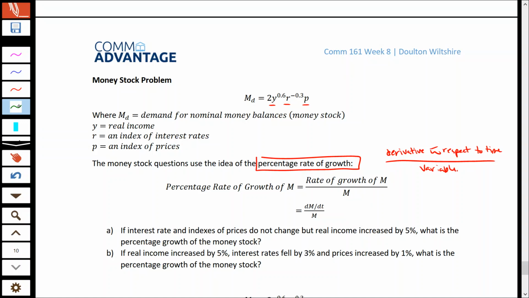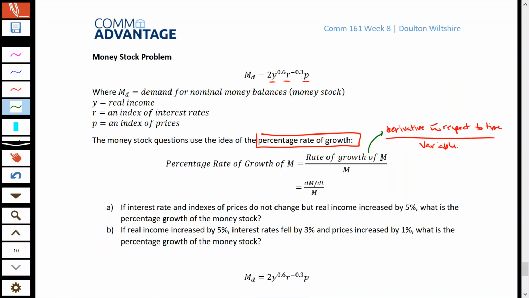So if we're talking about the percentage rate of growth of M, of the money stock, that's the rate of growth of M divided by M. That's how you turn it into a percentage. Rate of growth is just the derivative, but if I want it to be a percentage, I need to divide it by the total, which is M. So mathematically speaking, this would be the derivative of the money stock with respect to time divided by M.